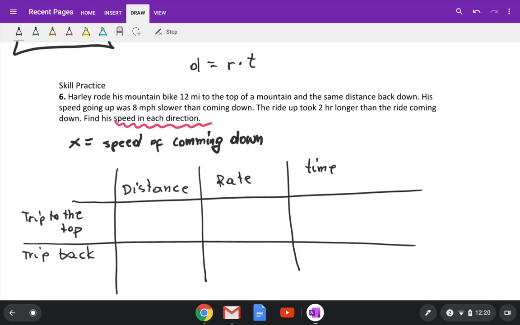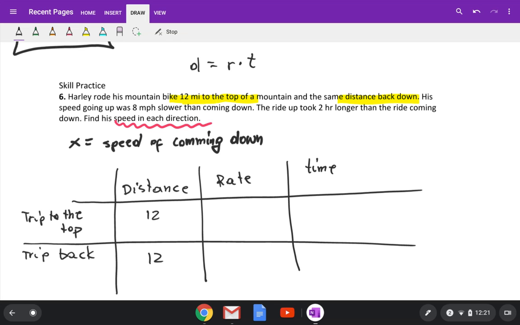So Harley rode his mountain bike 12 miles to the top of the mountain. Okay, so we know the distance. So 12 miles to the top of the mountain and the same distance back. So what we're going to do, we're going to put 12 here and 12 here.